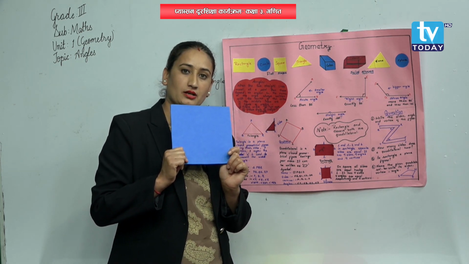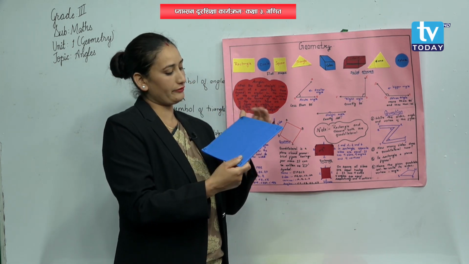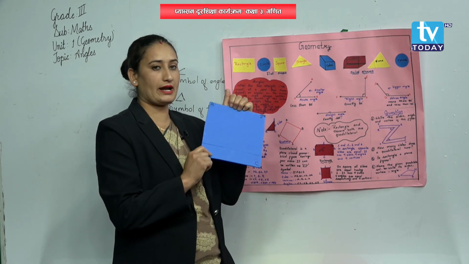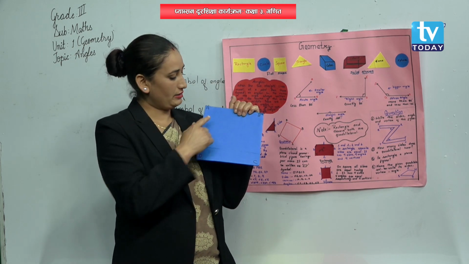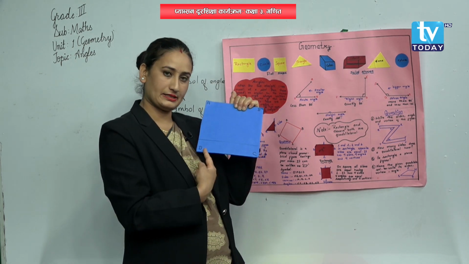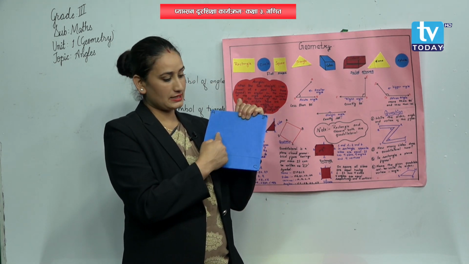Done? So I hope you can write the name of the square also. Have you seen the name here? I have written A, B, C, D. So write down the name. Can you write it? Okay. Square ABCD. Can you write it? And what about sides?